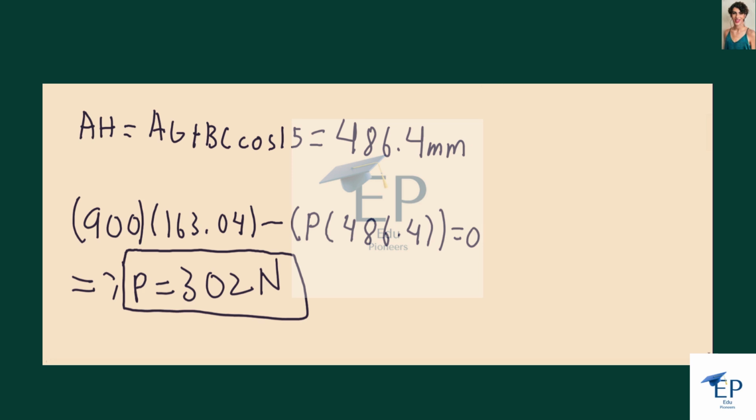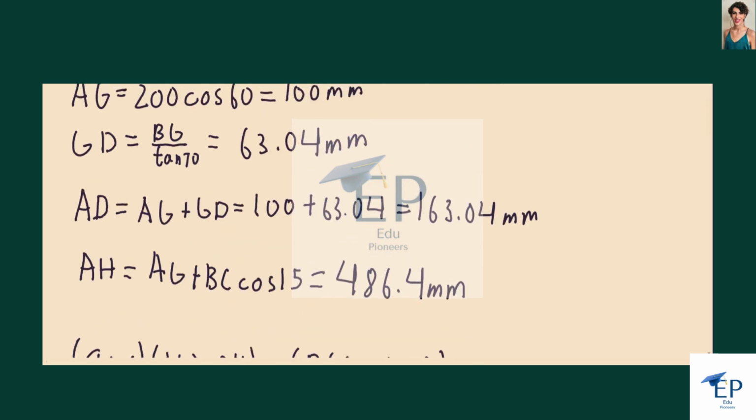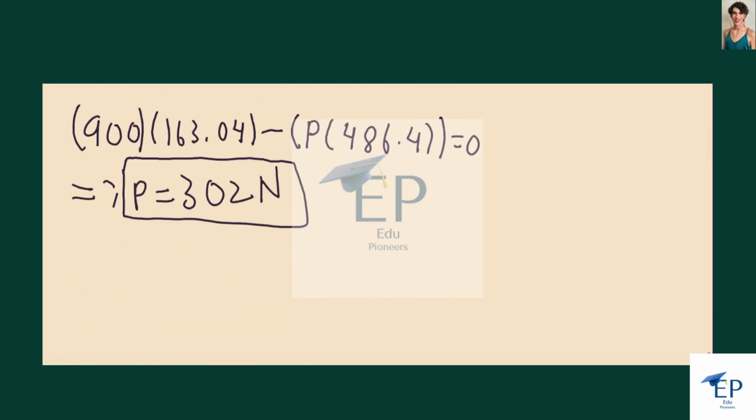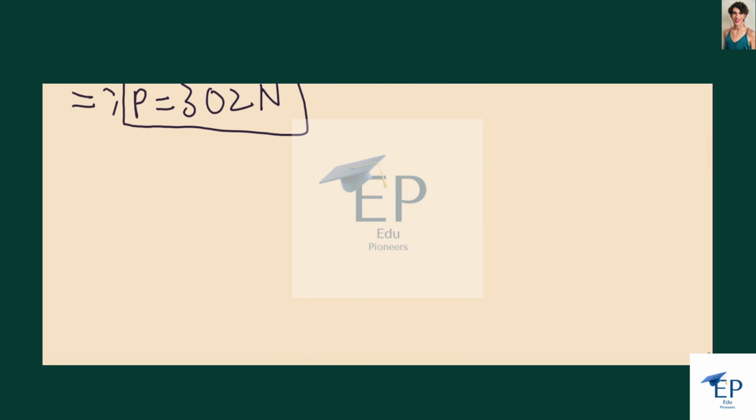Now for part B, we're going to find the reaction at this point A due to the input force of P. So to start with, we can write out that the sum of moments at the point D will be equal to 0.